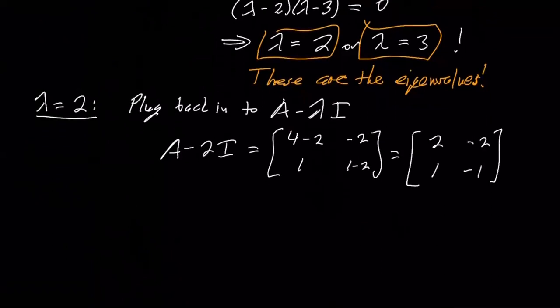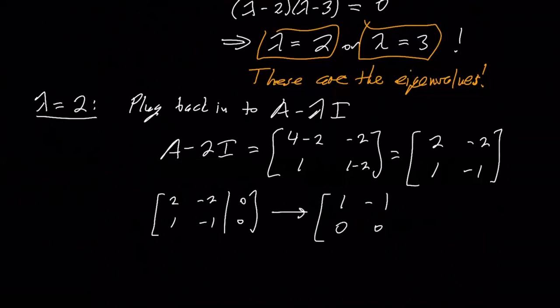So, we want to find the homogeneous solutions. So if we took the augmented matrix 2, 1, minus 2, minus 1, and augment 0, 0, this row reduces almost instantly to something like this, which implies x1 minus x2 equals 0, or x1 equals x2.